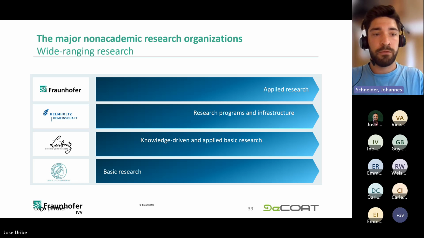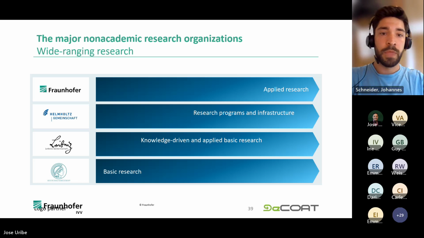For example, the Max Planck Gesellschaft is more conducting basic research, and Fraunhofer is at the other extreme of the research focus. So we are conducting applied research, meaning that we are aiming at bringing the developed technologies at our institutes into industrial application as fast as possible, often together with industry partners.